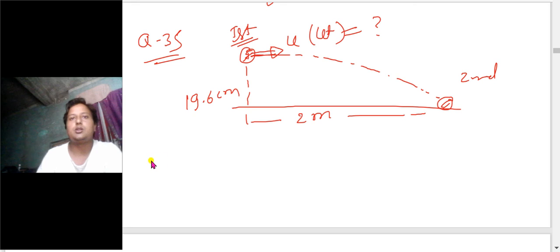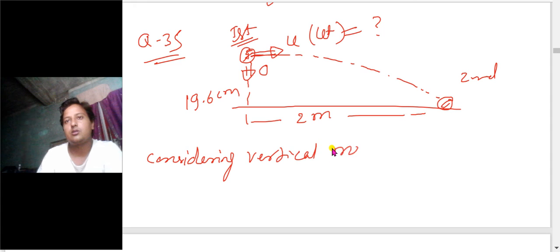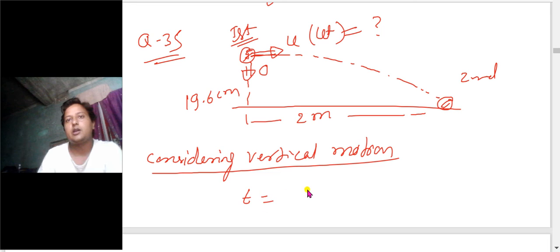So considering the vertical direction, there is no speed initially. So first of all, considering vertical motion, time is under root 2h over g.